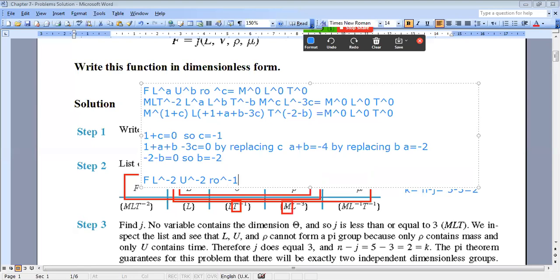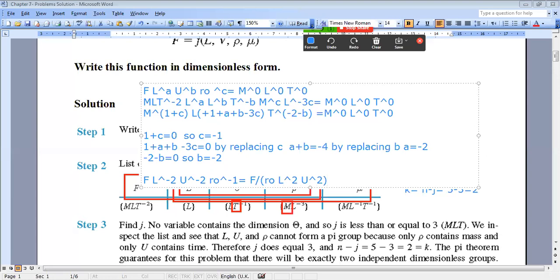So if you want, my group is f over rho times l square times u square. Okay, so this is my group.